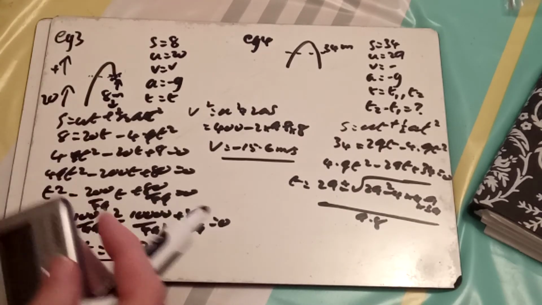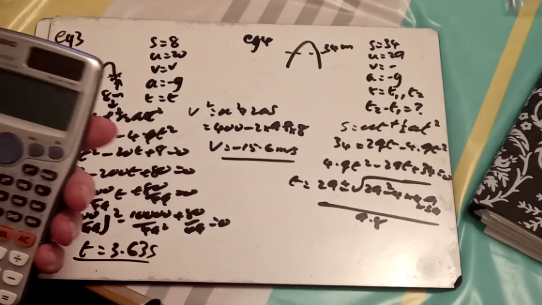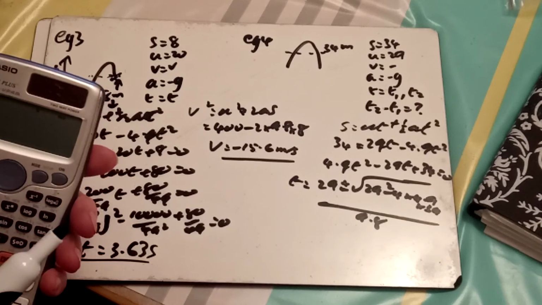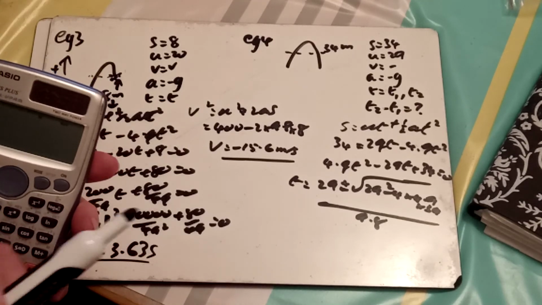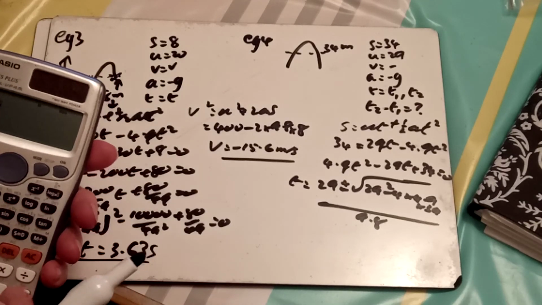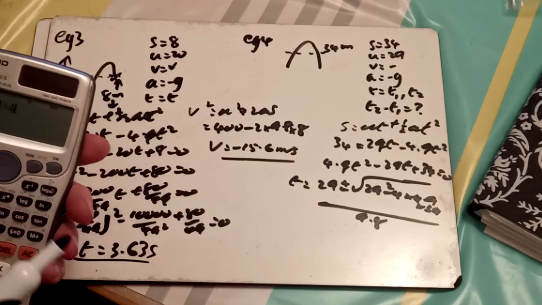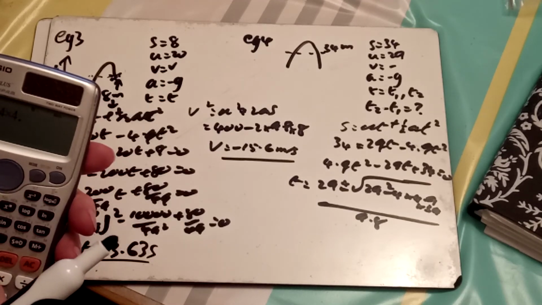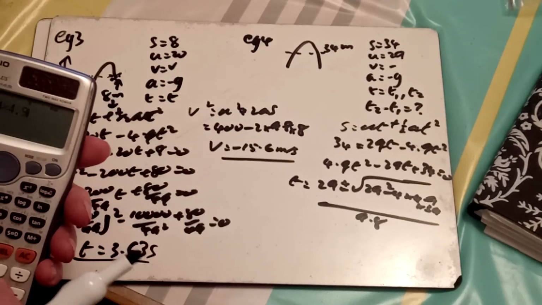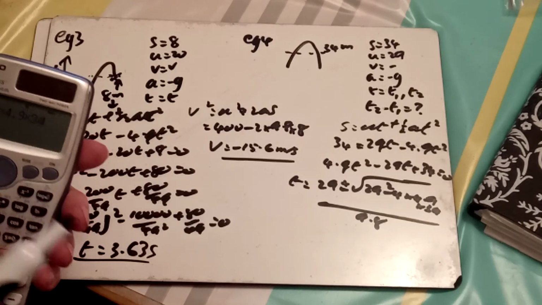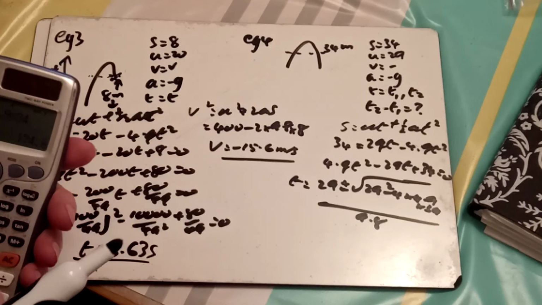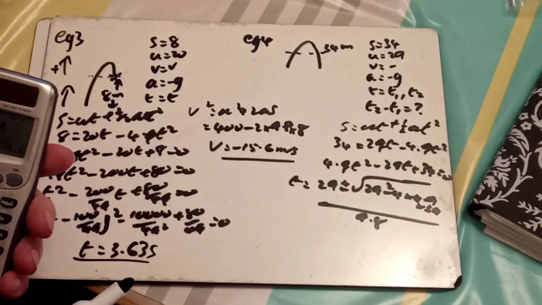And I can show you by doing 29 squared minus 4 times 4.9 times 34 equals whatever it does, 174.6.